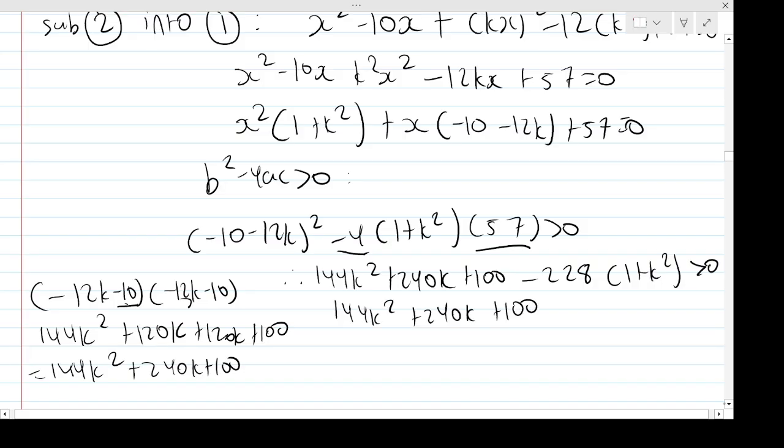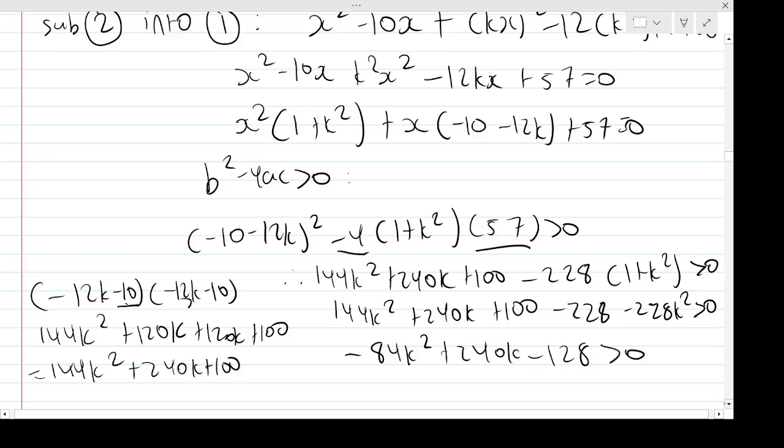Then if I expand this, I get minus 228, and then minus 228k squared, above 0. Then if I collect the terms together, I get 144k squared take away 228k squared, I get minus 84k squared, and then 240k on its own. Then I have 100 take away 228, that would be minus 128, greater than 0.